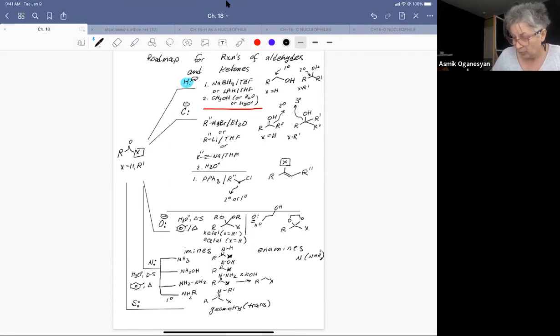And you will be forming an enamine. Okay, more substituted alkene.